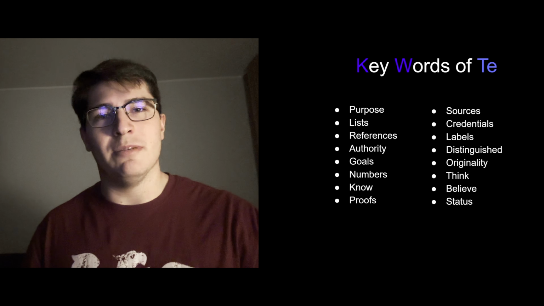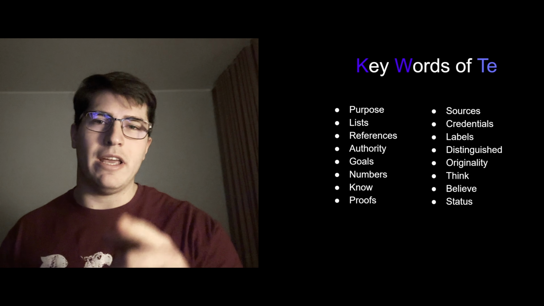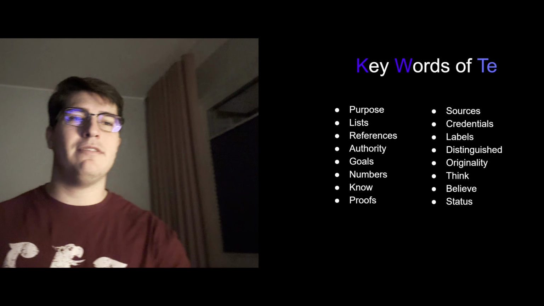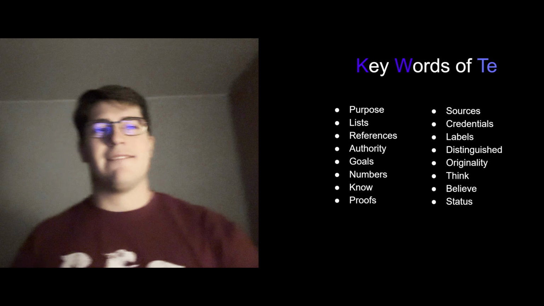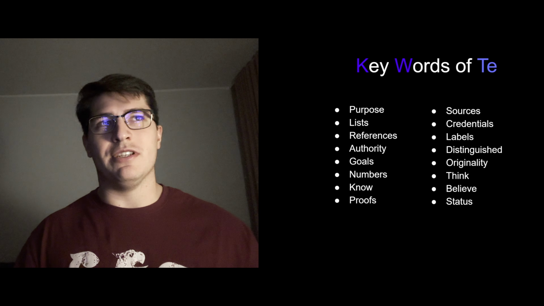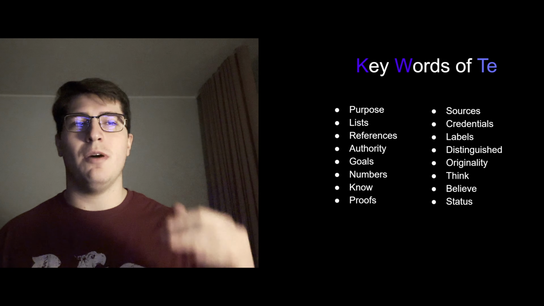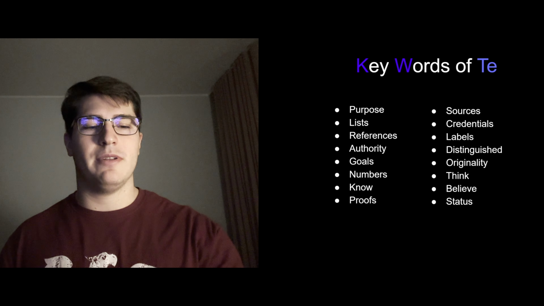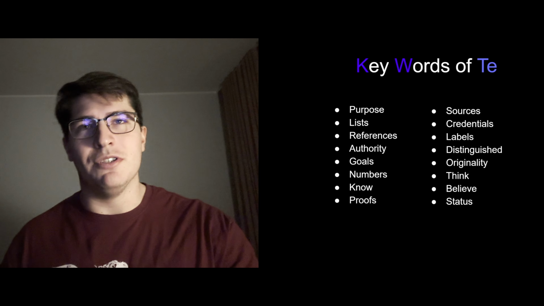You also hear them saying, everybody thinks, you think, and believe. And a lot about status. Status is a very good word here for this function. They care about status. They want to be on top. They want to be original, distinguished above other people. Not in a mean way, just let's say distinguished and original.